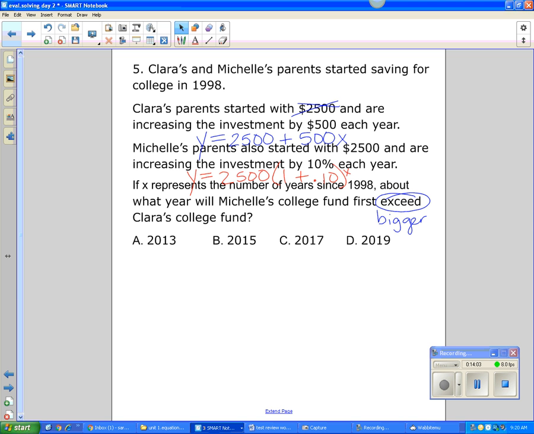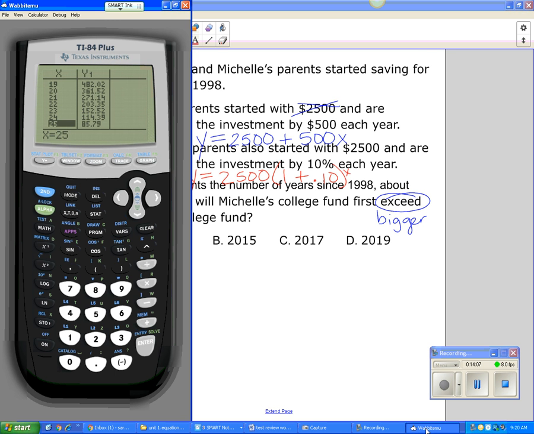So, I've got 2 y equals. I don't think we've ever done this before, but in the calculator, I want everybody to do this one with me. Okay, so I want to see everybody typing with me so we're on board. We're going to put both of these in at the same time. Okay, Ethan, calculator please. So on this top line, you're going to type in 2500 plus 500x.